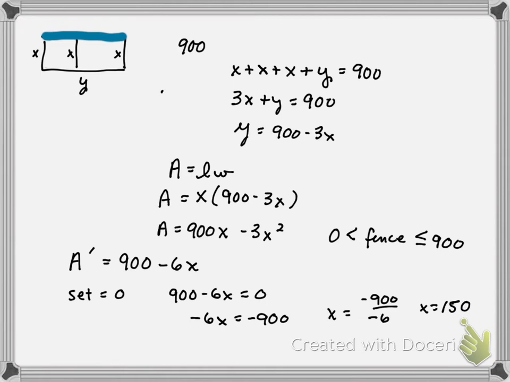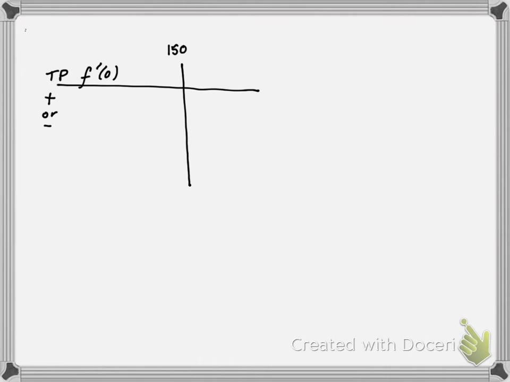So, since we just got done with the test, if I use my test point method, I could put 150 here, right? And then remember, you use your test point, you check it in your first derivative, and figure out if it's plus or minus. And then the next step is figuring out if the function is increasing or decreasing, okay?